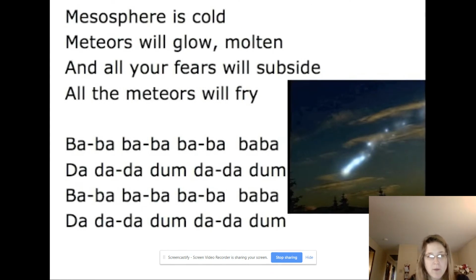Mesosphere is cold. Meteors will glow molten, and all your fears will subside. All the meteors will fry.